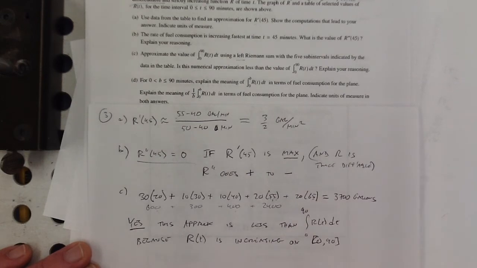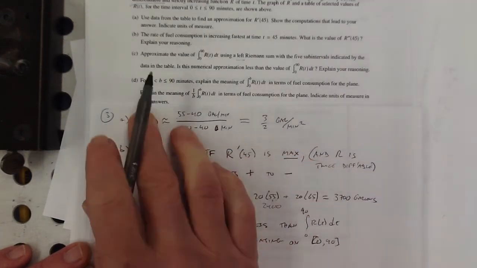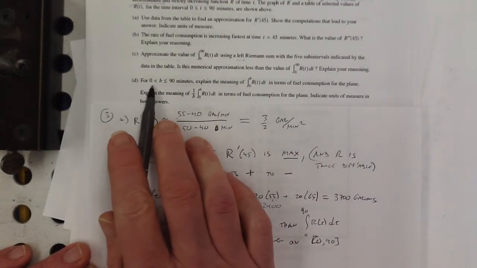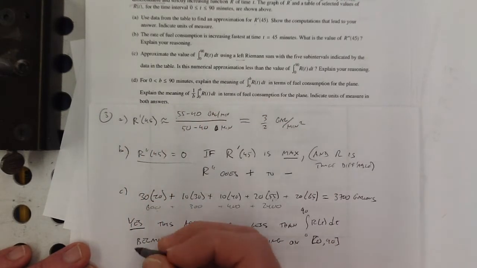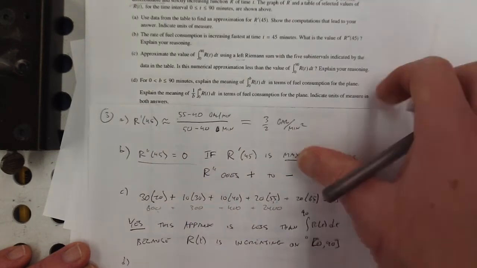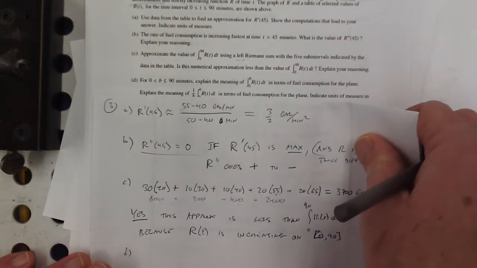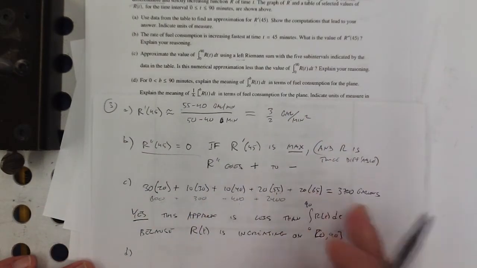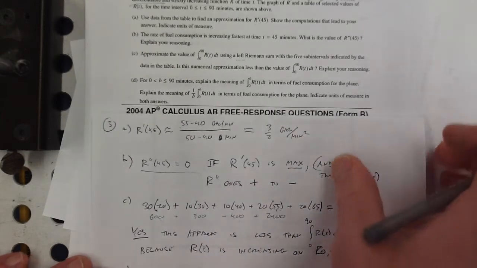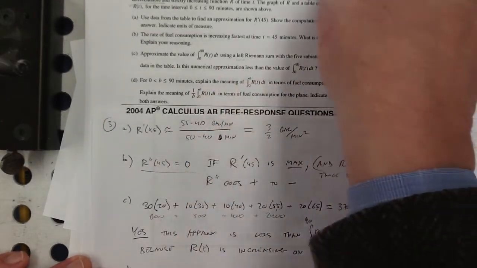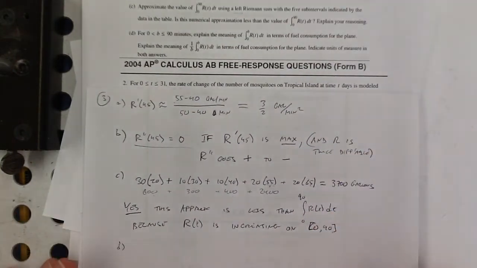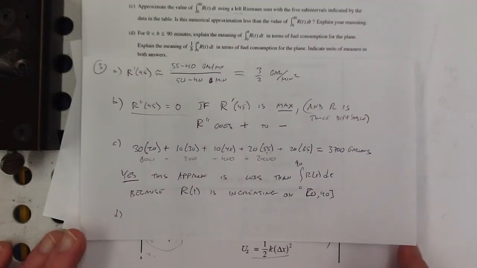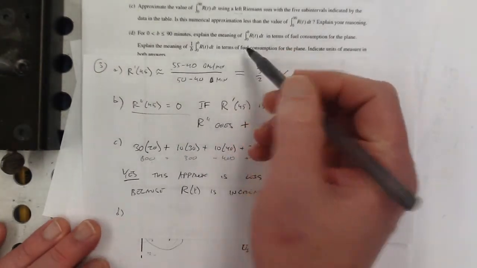to 90. All right. For times between 0 and 90, explain the meaning of this. Well, we just did the integral from 0 to 90, or at least we found an approximation for it. So what would it mean to do this?